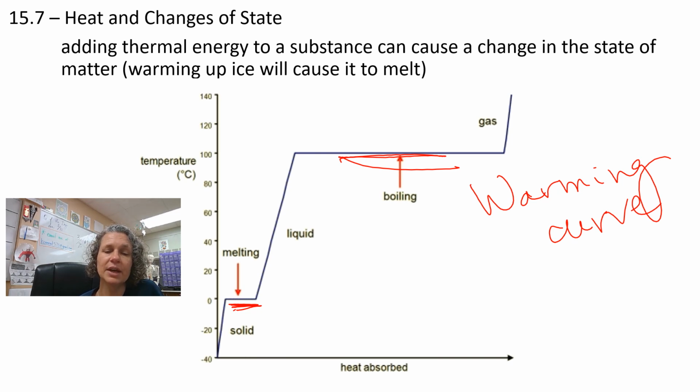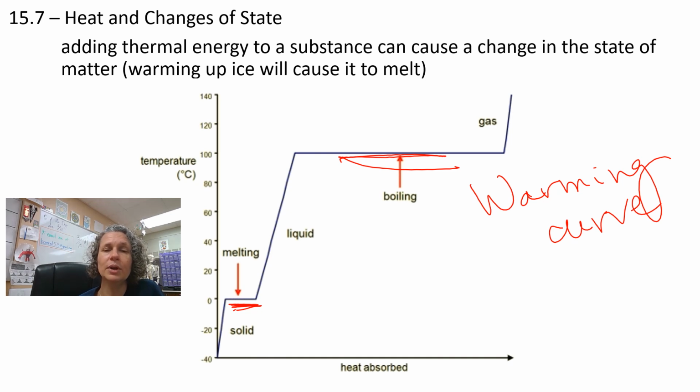The energy is actually going into those bonds and helping to change or disrupt them. Anyway, and then between 0 and 100, if you have water in those temperature ranges, it is a liquid. And then once you get to 100 degrees, water starts to boil.